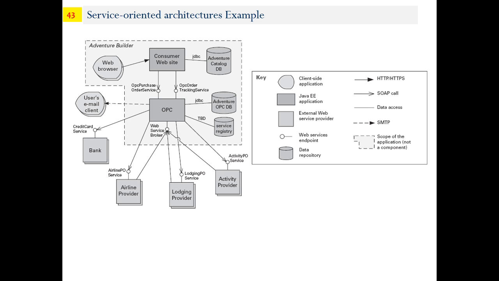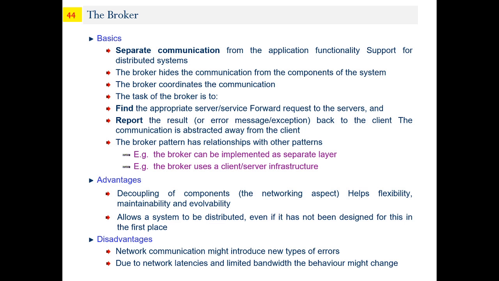This is another example: bank, airline provider, lodging provider. All of these things are available in this single unit, right? Through the web browser, you can search anything. Typically, online purchases and cloud computing use SOAs and ESBs very widely.